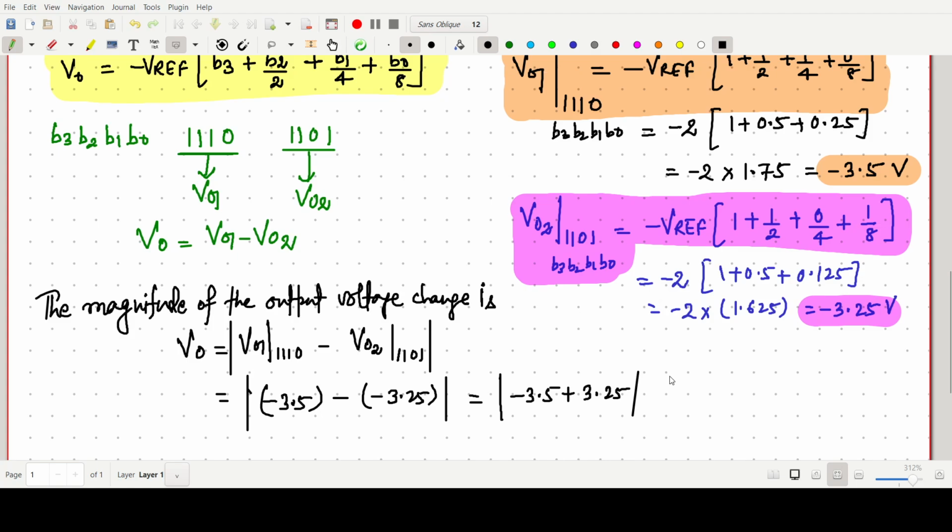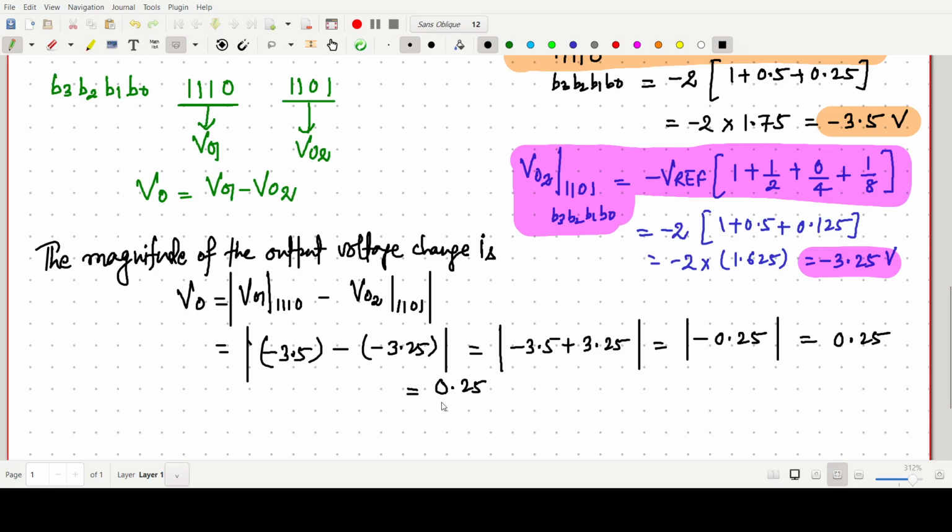So it is a simple problem. Then it should be minus 0.25. Modulus, so the value will be 0.25.